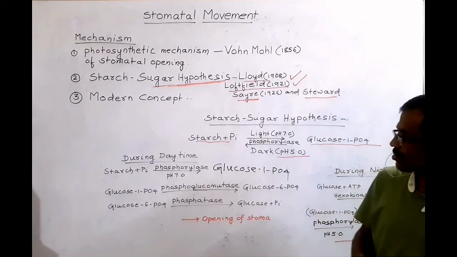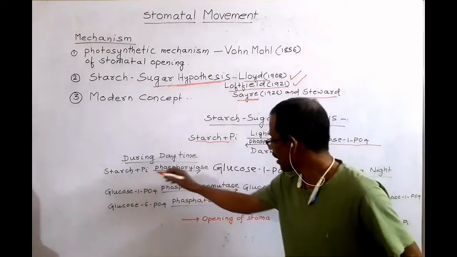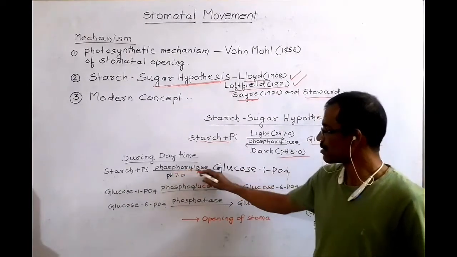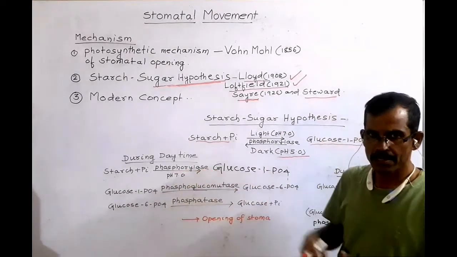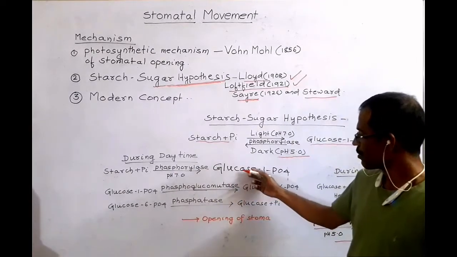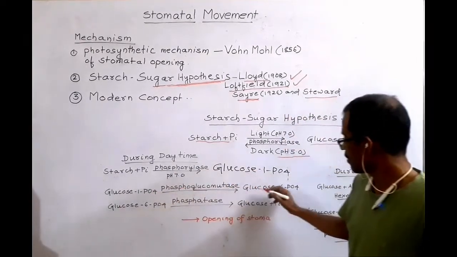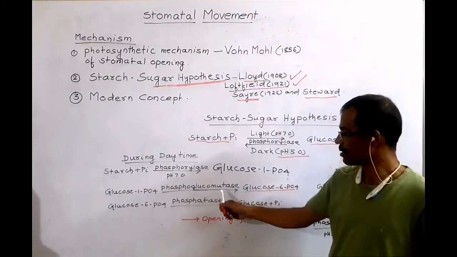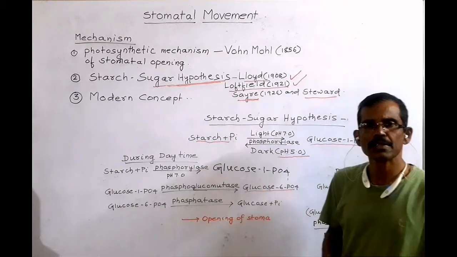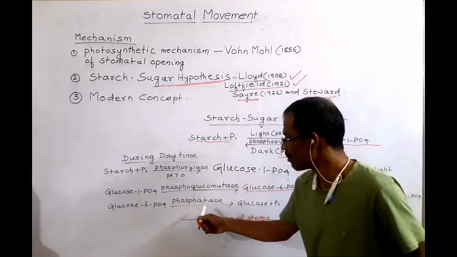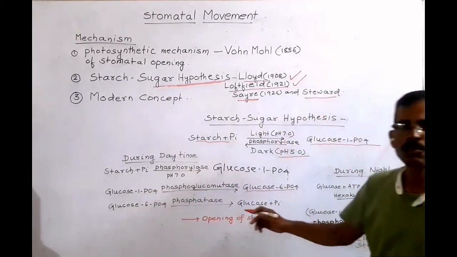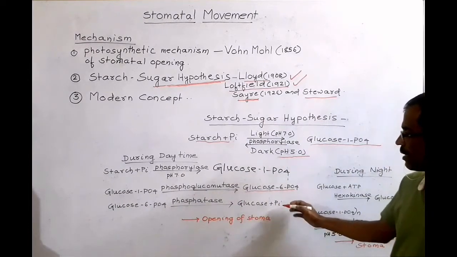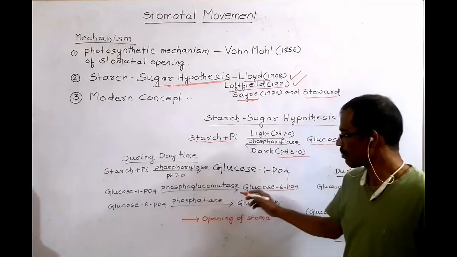According to this system, starch is broken down into glucose 1-phosphate at high pH in the presence of enzyme phosphorylase. In the next step, glucose 1-phosphate will be converted into glucose 6-phosphate in the presence of enzyme phosphoglucomutase, and in the third step, glucose 6-phosphate will be hydrolyzed into glucose and inorganic phosphate in the presence of enzyme phosphatase.